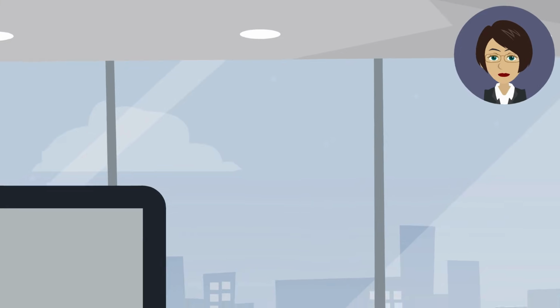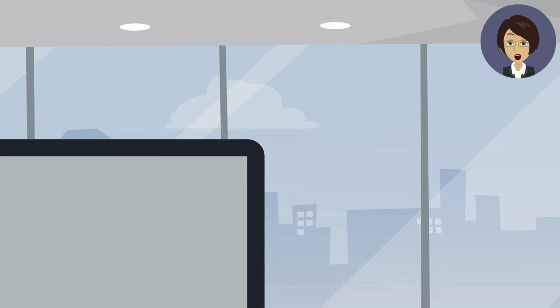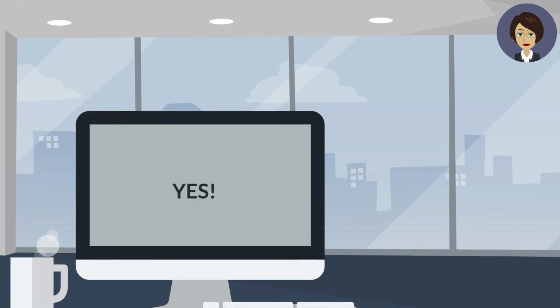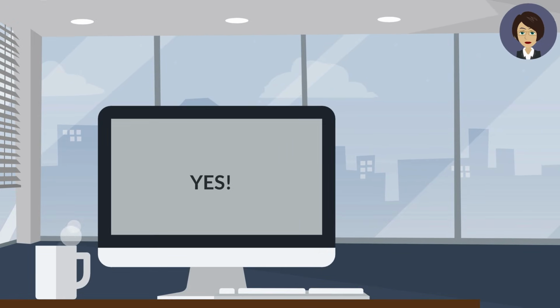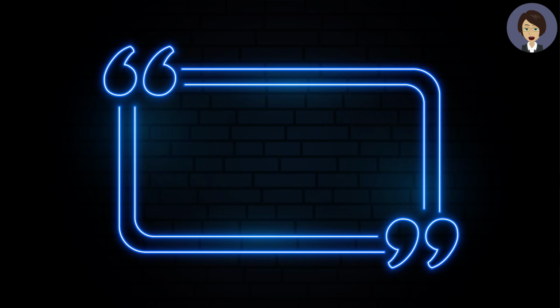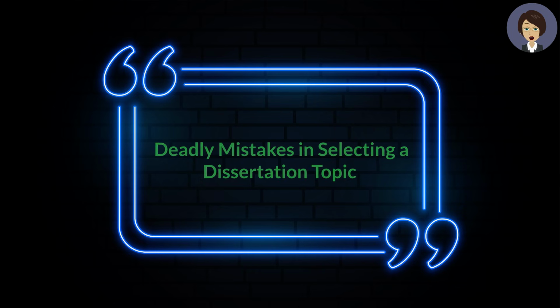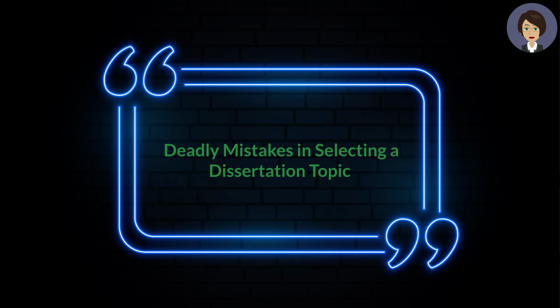Your answer to each of these 8 questions must be a resounding yes. The reading folder contains information on similar or other questions and specific strategies you should use in selecting a research topic. Addressing those 8 dissertation topic questions will help you avoid some deadly mistakes in selecting a dissertation topic.